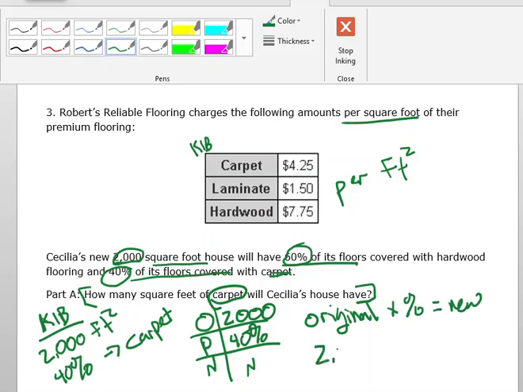So I'm going to go 2,000 times 0.4 for 40%. And let's see what that equals. I'm going to use my calculator, as should you. And so what I get is 800 feet squared of carpet.